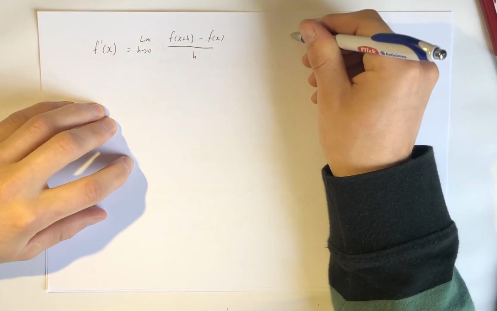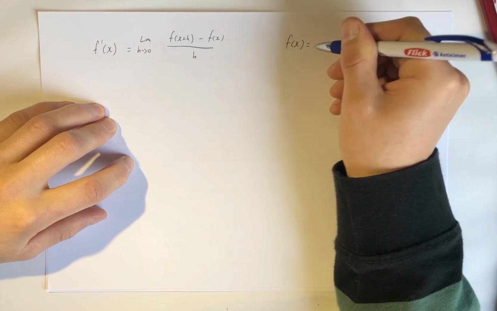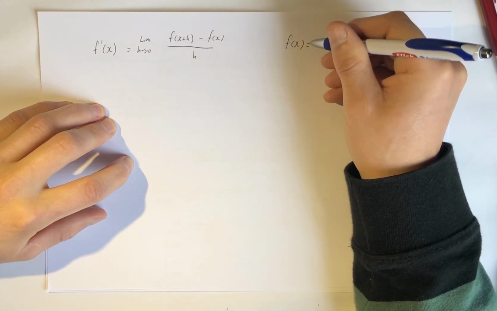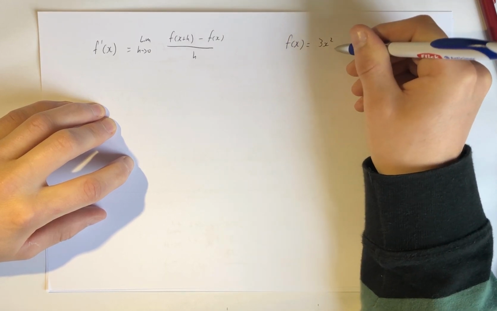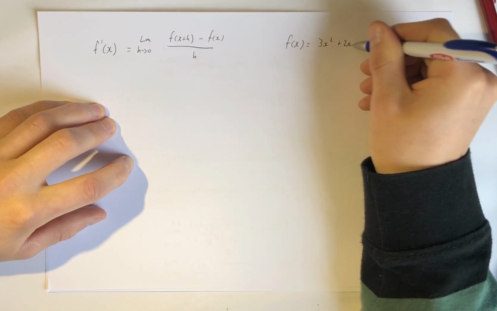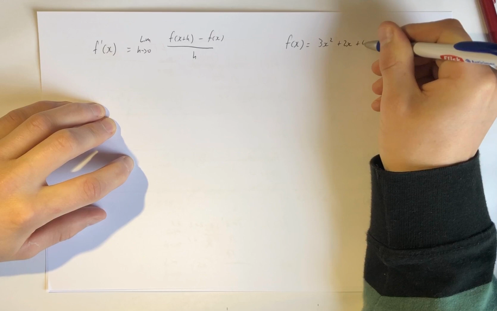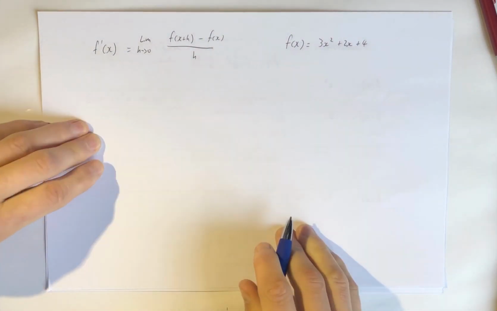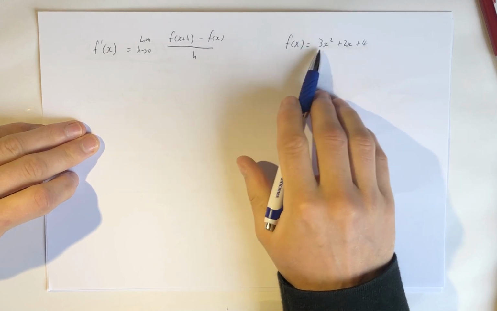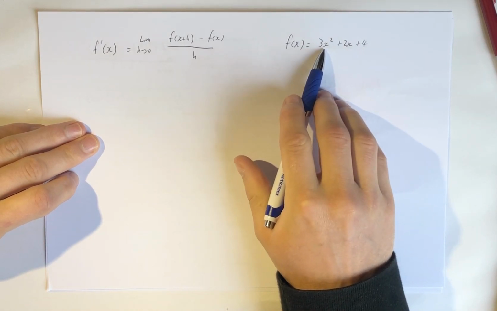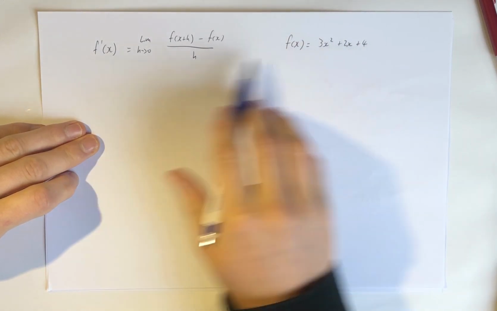And let's have a look at it for this really gnarly function, 3x squared plus 2x plus 4. Okay, this is going to be quite a bit of algebra. It's going to get pretty big pretty quickly, but we're going to have x plus h in here.